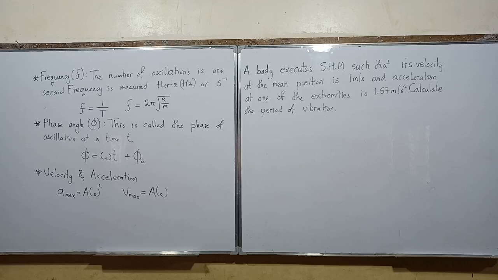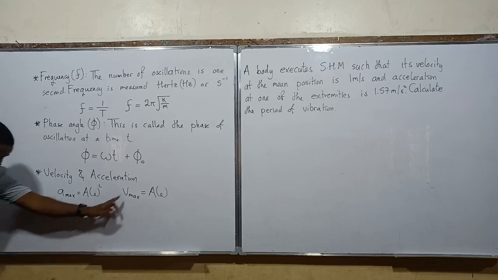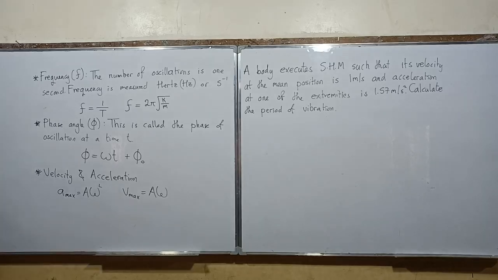We have been given two things: velocity and acceleration. Since we have been given velocity and acceleration, those are the formulas we're going to use. To use those two formulas, we shall divide acceleration over velocity.